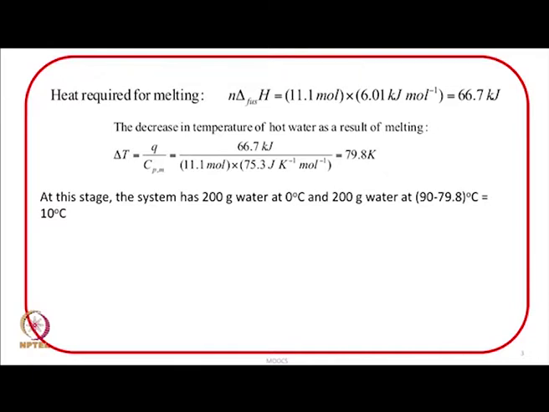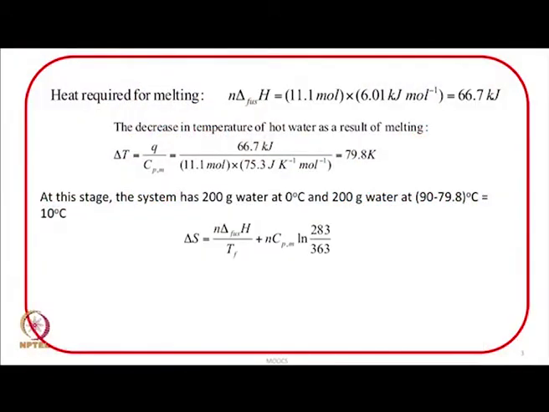So, up to the point when ice has molten into liquid water at 0 degrees Celsius, the temperature of the water which was at 90 degrees Celsius has fallen down to 10 degrees Celsius. So, there is an entropy change. How do we calculate that entropy change?